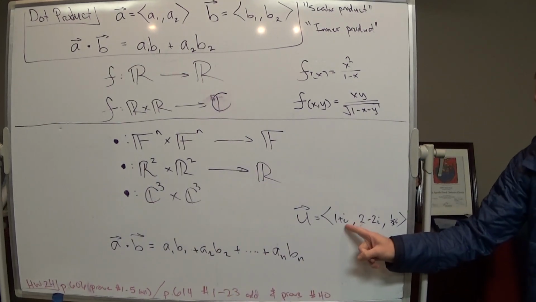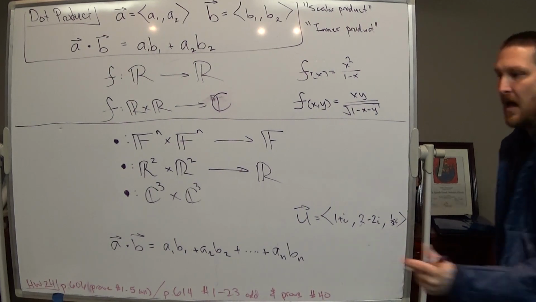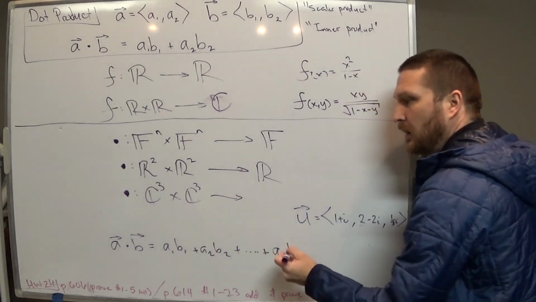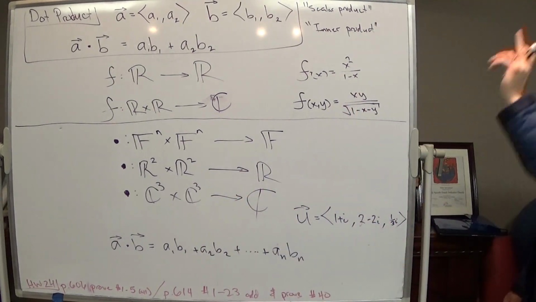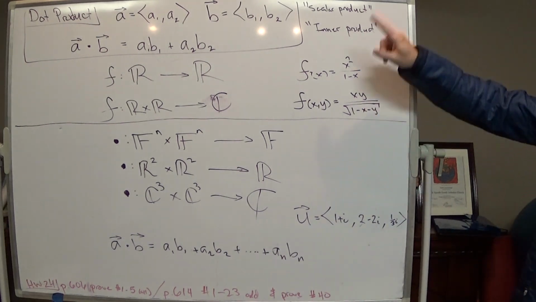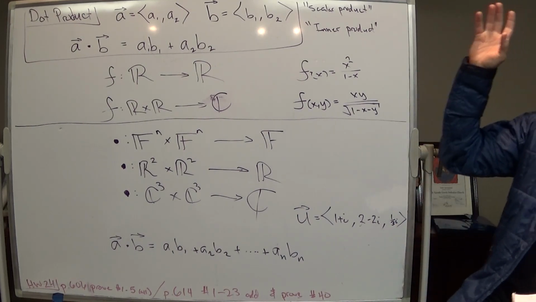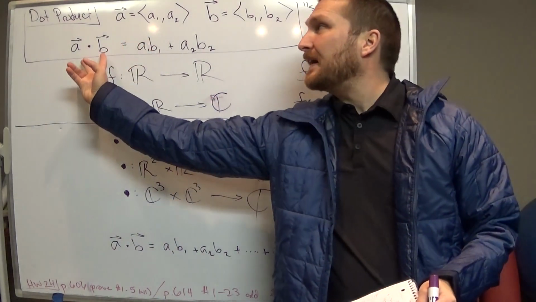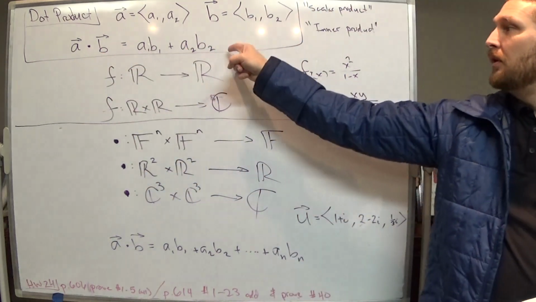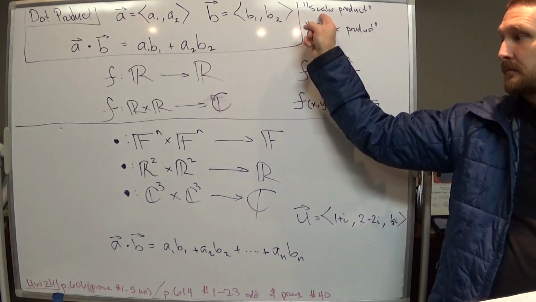Complex, because the entries are all complex numbers. And what would that map to? Complex, but 1-dimensional, right? To its underlying scalar field, because it's a scalar product. I've probably said this like 20 times now. I'll say it again. The dot product takes two vectors and its output is a scalar.